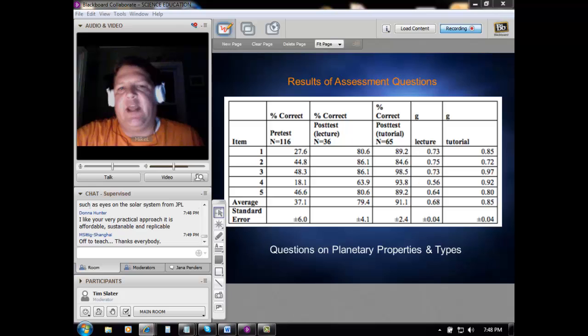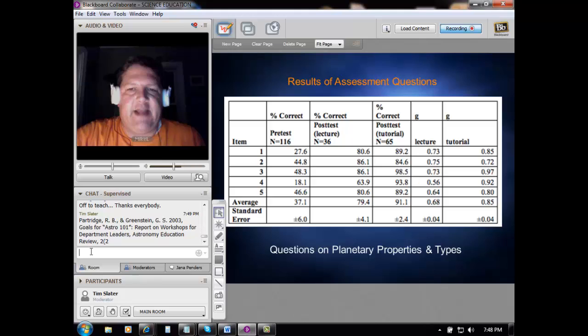And then in my PhD research, I learned that this was called a knowledge-centered educational environment, because what's going on here is they're using facts, which are the planetary data, in a conceptual framework, which is putting them into categories to understand the different types of planets, and in the process they learn a concept, and that's one of the most useful ways to use content.